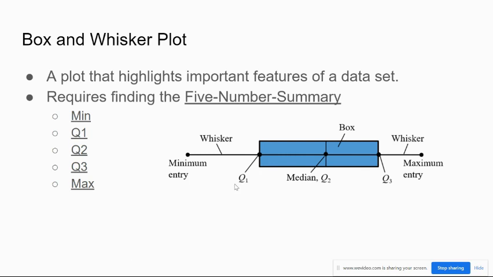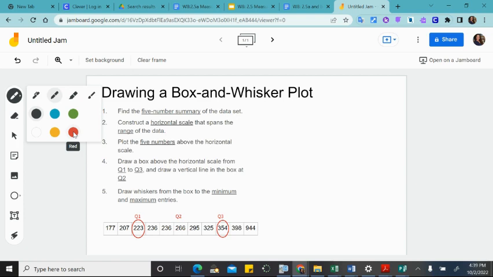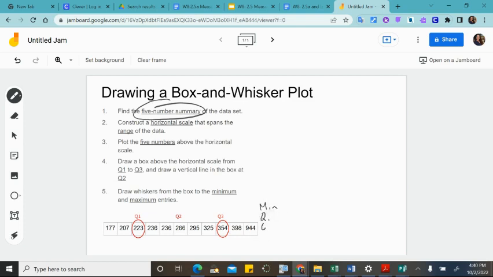I'll show you some more examples of this in a minute, but here we go. If we were in the classroom, I'd be drawing this on the whiteboard. So finding a box and whisker plot, we've got to find the 5-number summary first. So we need our minimum, Q1, Q2, Q3, and our max number.